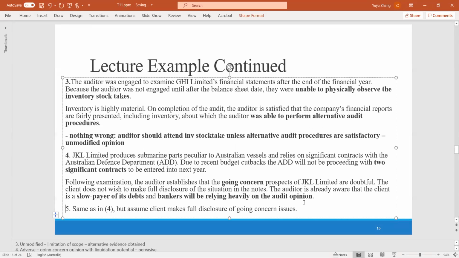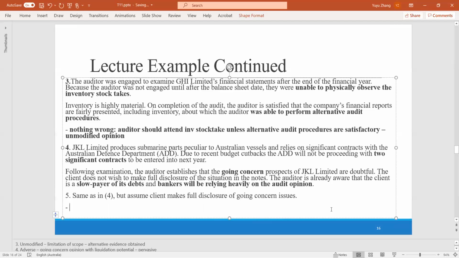Now number 5. Same as 4, but the client makes full disclosure of the going concern issue. What has been the full disclosure in this situation? That means the accounting is prepared on the liquidation basis, right?